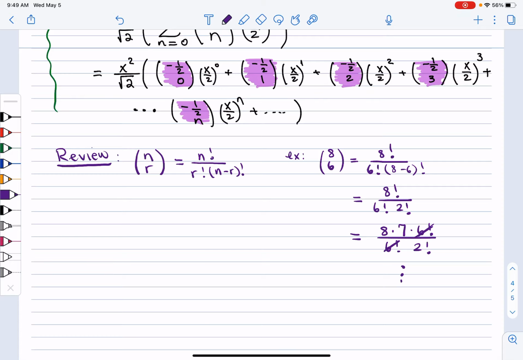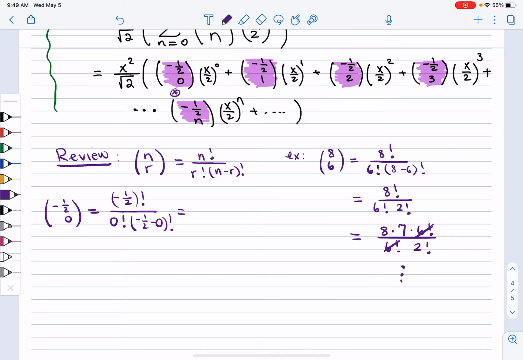What I would like for us to do is to look at each of these individual combinations. What is negative 1/2 choose 0? Well, according to the formula that I just talked about, that would be equal to negative 1/2 factorial over 0 factorial, and then we're going to have negative 1/2 minus 0 factorial.